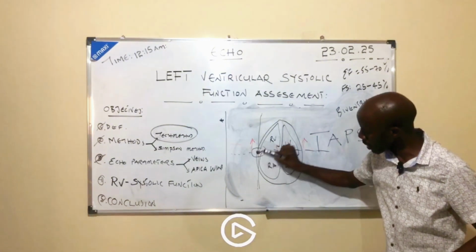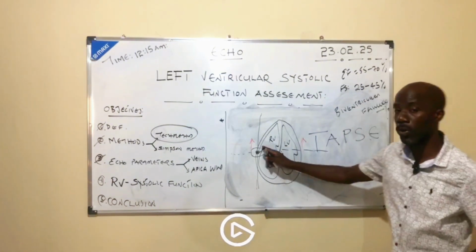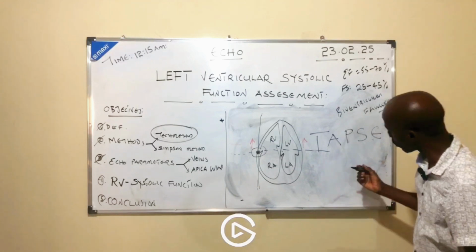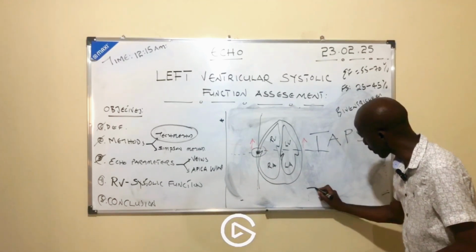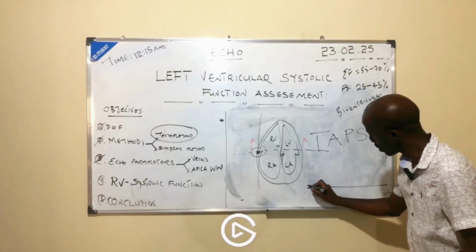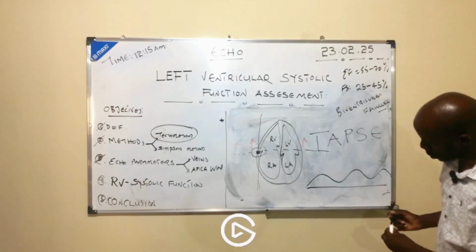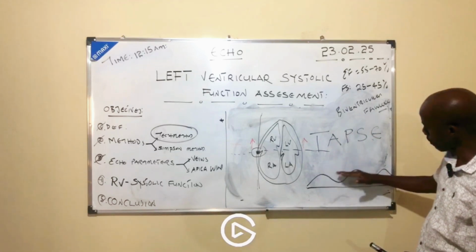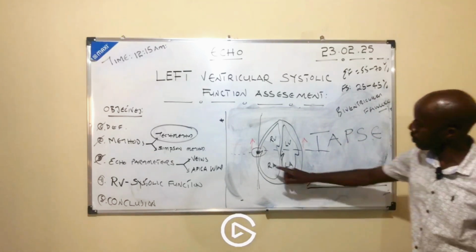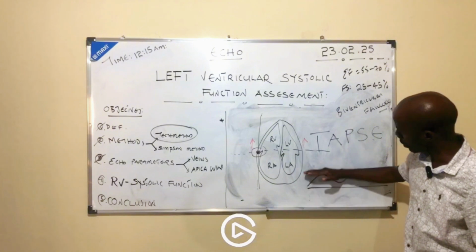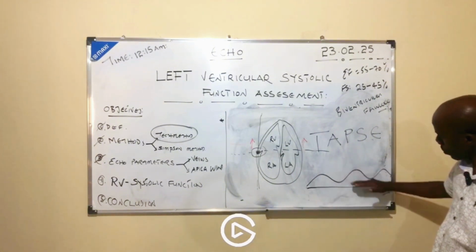These movements can be recorded by M mode, and it's going to give you something like this. This cliff that we are having is basically telling you that this is systole, this is diastole. This is systole, this is diastole.